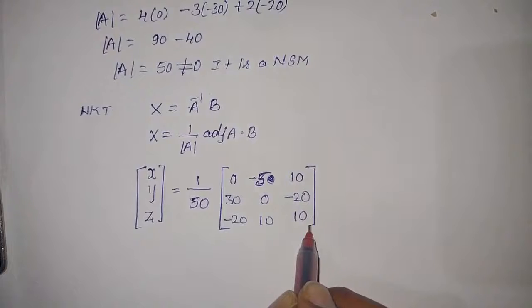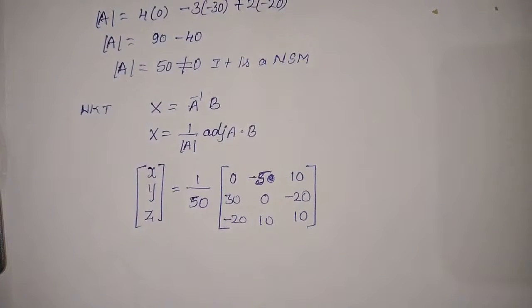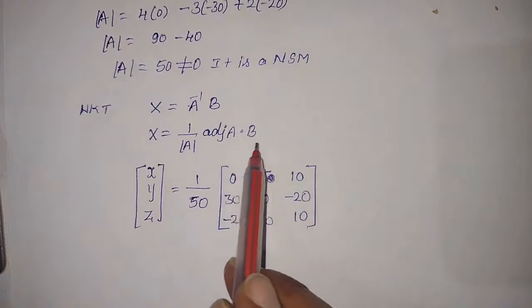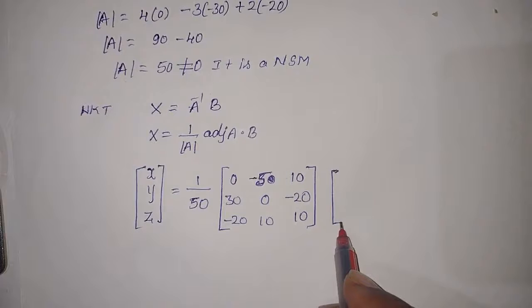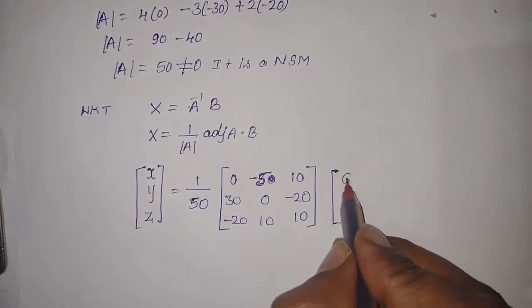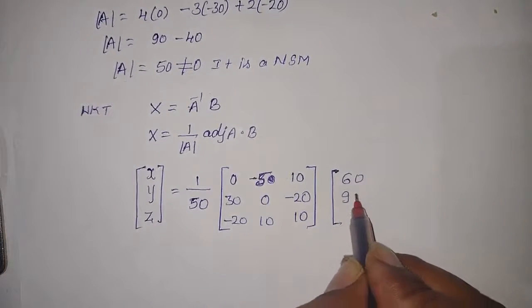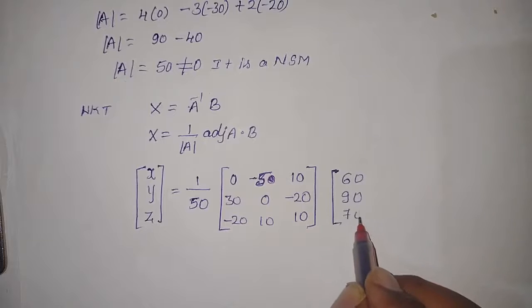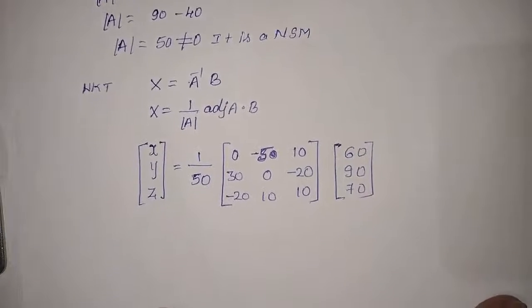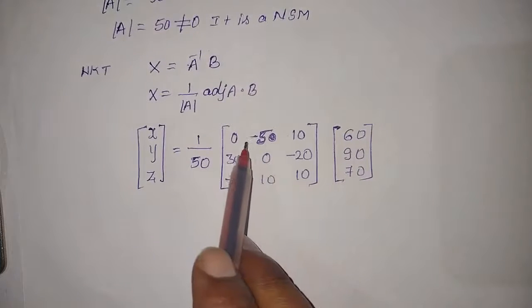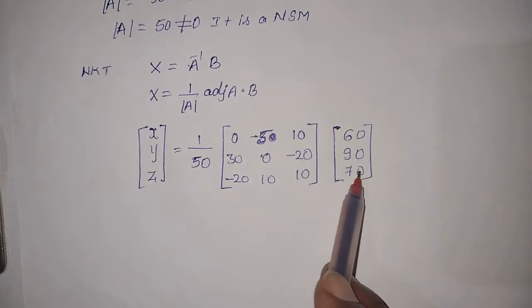Clear? This is our adjoint of the matrix A. After that we should write the B matrix. The B matrix is the solution of the linear equations: 60, 90, 70. These are the values of the linear equations. Clear? Next, first we have to multiply the 3 cross 3 matrix into the 3 cross 1 matrix.